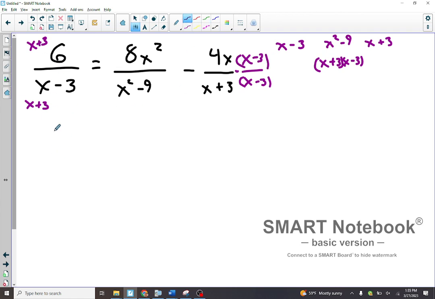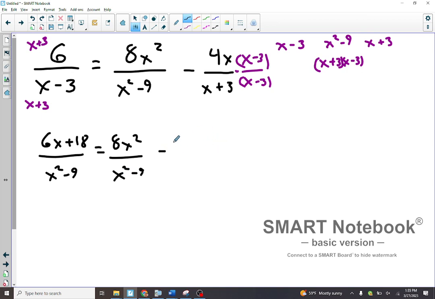So I'm going to rewrite this as 6x plus 18 over x squared minus 9 equals 8x squared over x squared minus 9 minus 4x squared. The middle one needs nothing because it's already at the same denominator. I don't need to change it to make it the same.